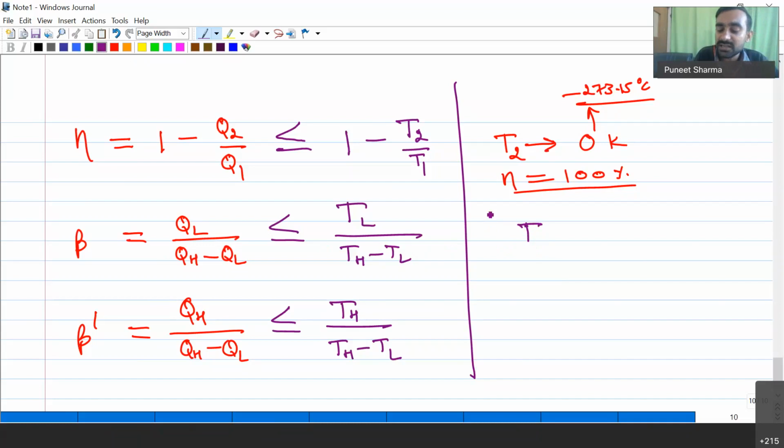That is also not possible. So the limiting case of 100% efficiency and infinite COP corresponds to the absolute zero of thermodynamic temperature.